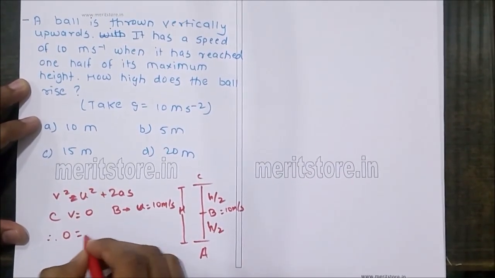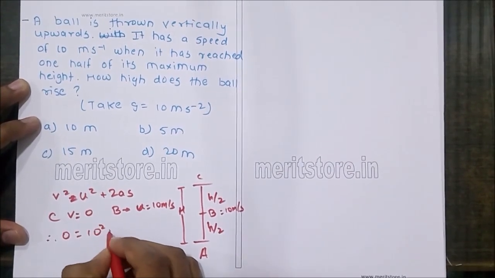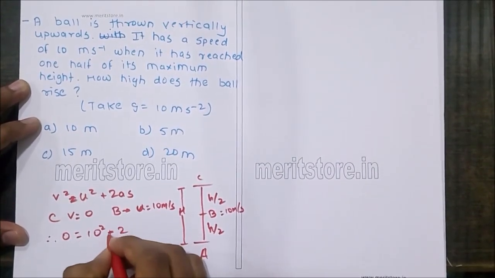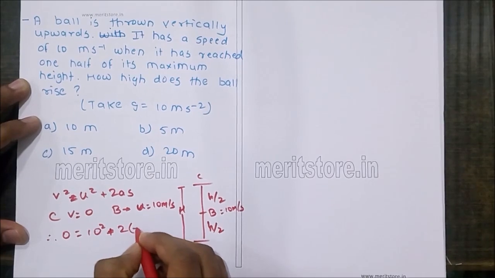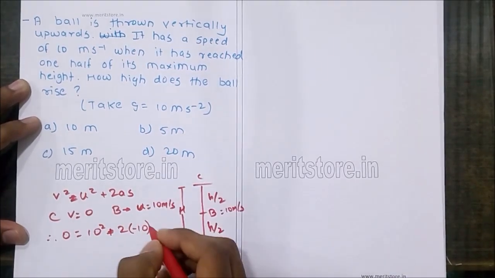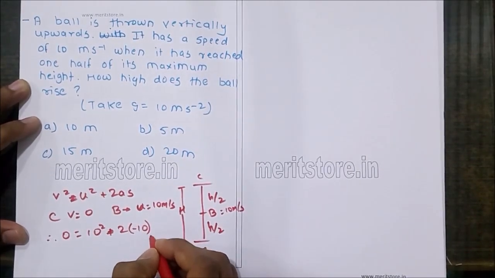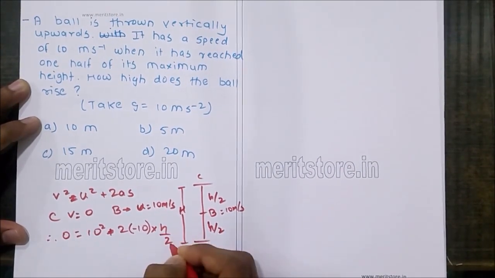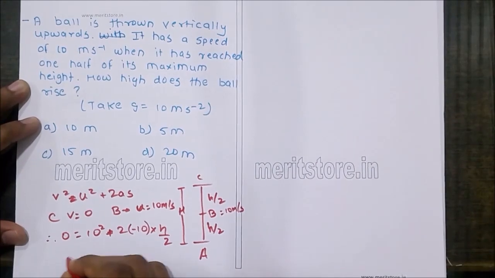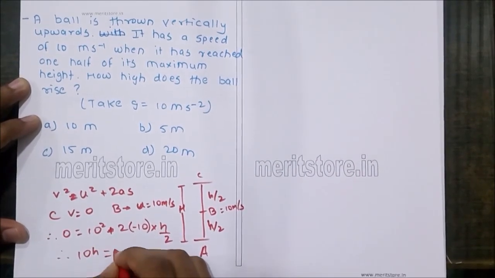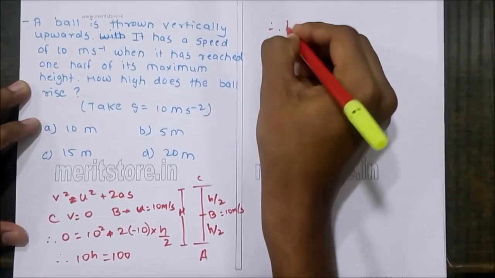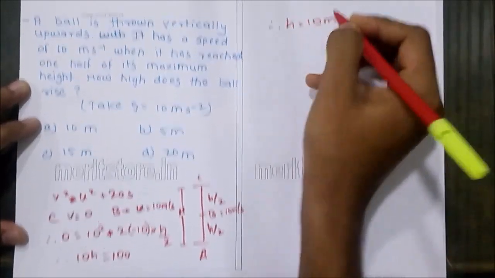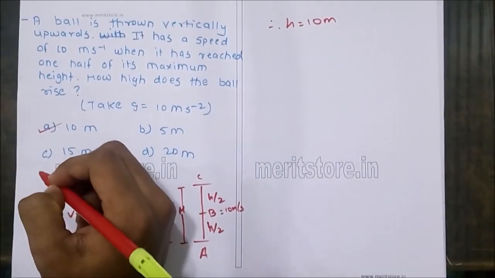Therefore 0 is equal to 10 square plus 2 times minus 10, that is the acceleration due to gravity, into h by 2, that is the displacement. Therefore 10h is equal to 100. Therefore h is equal to 10 meters. Hence option A is the correct answer.